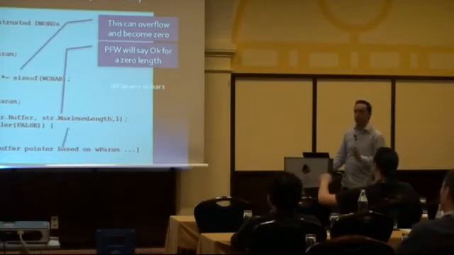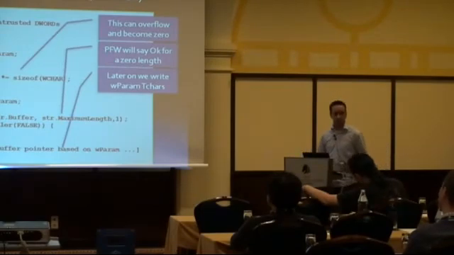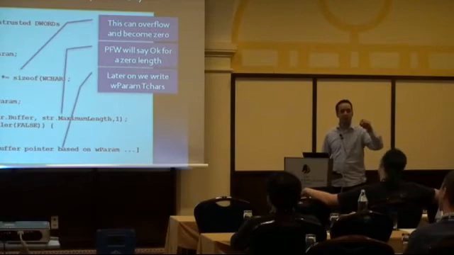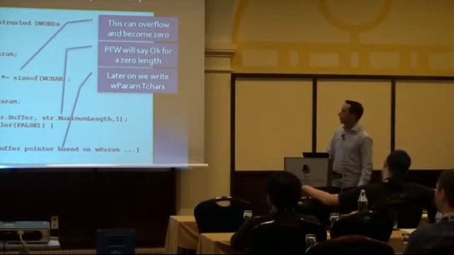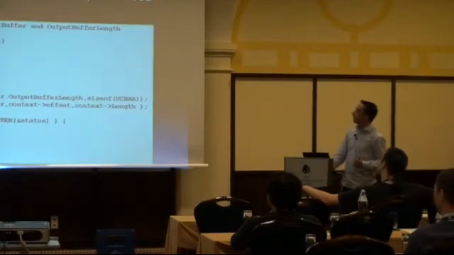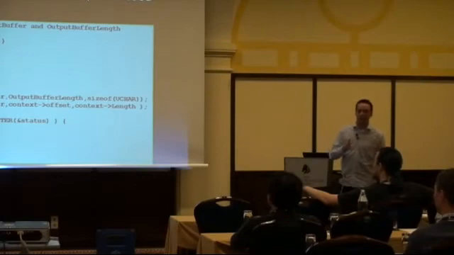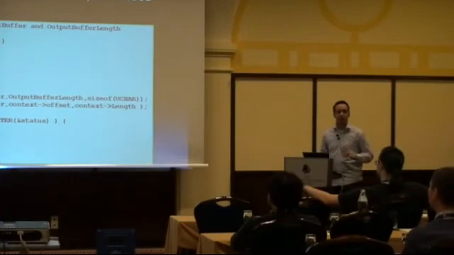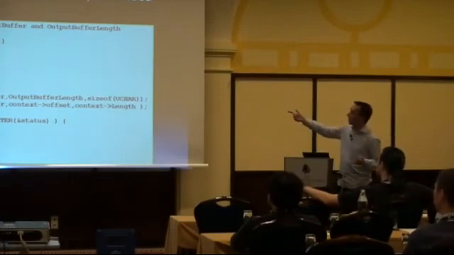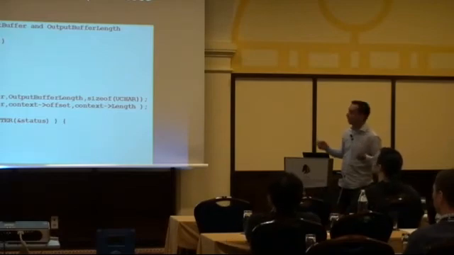And let's assume that later there will be a write of WParam TCHARs. So if you're pointing to kernel mode, you're going to overwrite that kernel mode range. So this is a way to bypass ProbeForWrite with length 0. Another way that I've seen is, what about if there is a mistake, a vulnerability where we probe for one length and we later copy based on another length. So for example, for this one, ProbeForWrite, let's consider OutputBuffer and OutputBufferLength attacker controlled.